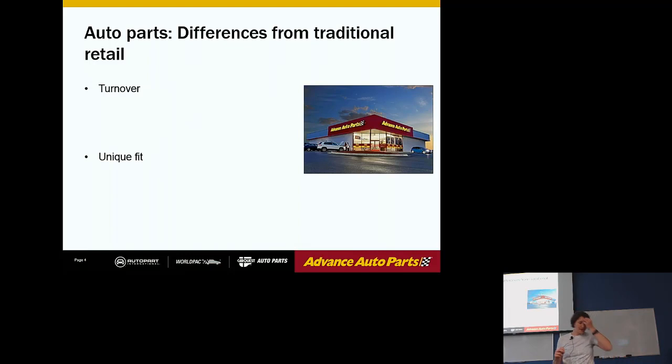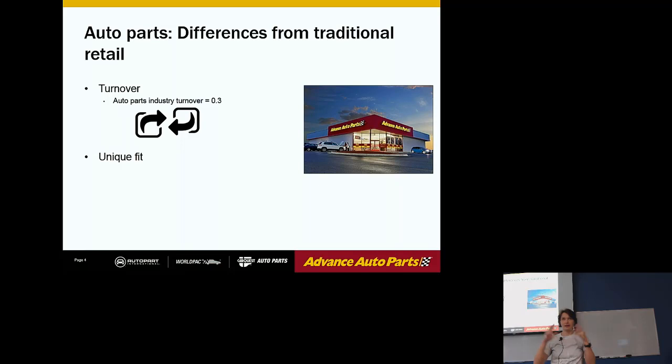So first, we are a chain of stores, which usually look like that. There is one very close to here in Chapel Hill. We sell auto parts. And what is interesting about selling auto parts is that among different retail markets, we have very low turnover.